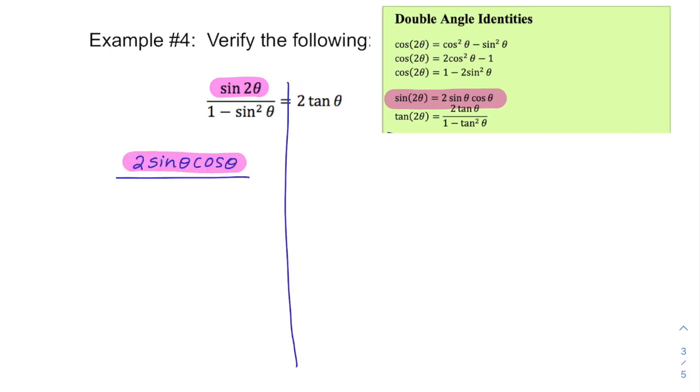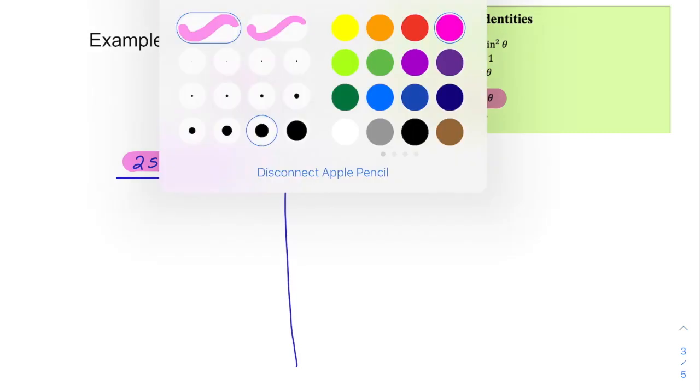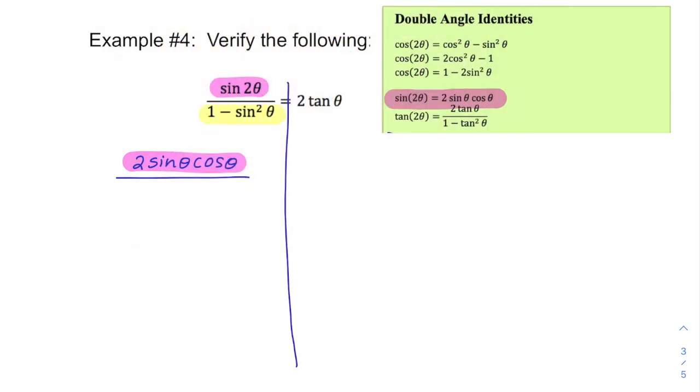Now, if you think back to your pink square, 1 minus sine squared is equal to something. 1 minus sine squared, isn't that a Pythagorean identity that gives us cosine squared? That's from your pink box of identities. Well, that's good because now what I have is 2 sine theta cosine theta over cosine theta times cosine theta. So those cosines are going to cancel.